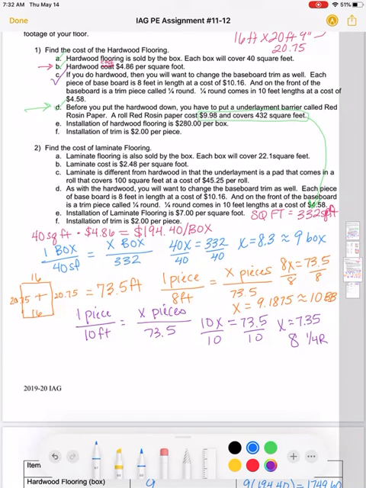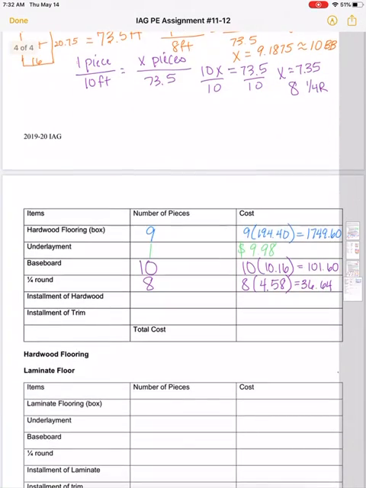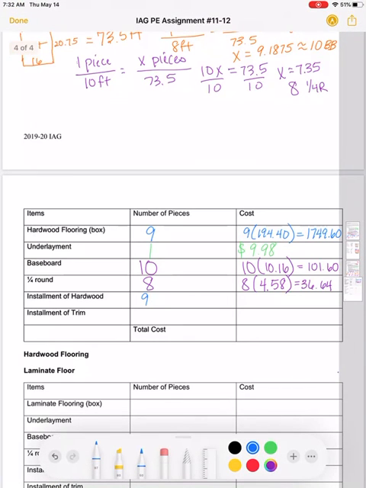Installation is $280 per box. Okay, so come on back here. Installation of hardwood. I have 9 boxes, and it's $280 per box. So again, throw it in the calculator. It's going to be more than the floor, okay? It's going to cost me $2,520 to install it.